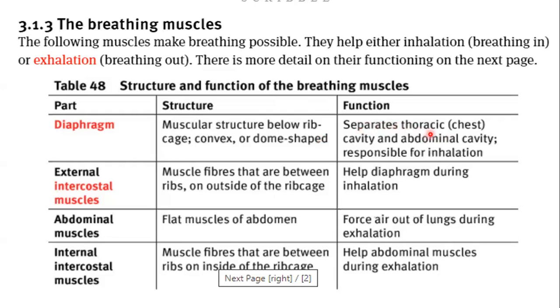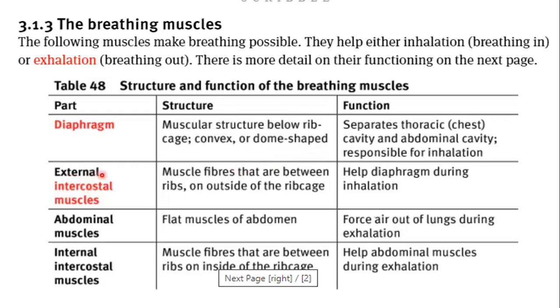It separates the thoracic cavity, which is what we call your chest cavity, from the abdominal cavity. So what separates your chest from your abdomen? That is what we call the diaphragm, and it's responsible for inhalation.